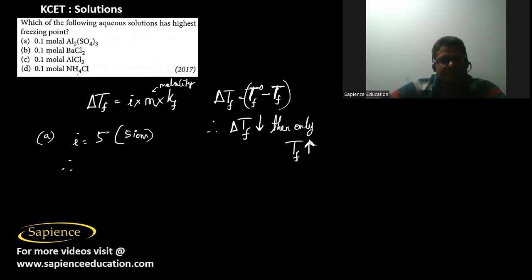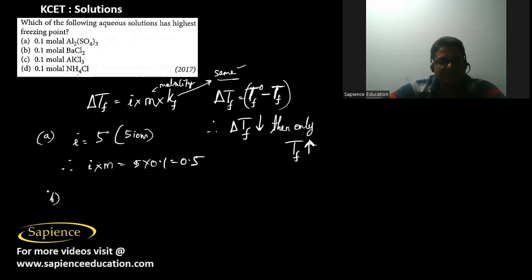Here Kf will be the same for water for all 4 solutions. So the i into m value should be the least; only that will have the highest freezing point. Here the i into m value will be 5 into 0.1, so that is 0.5.